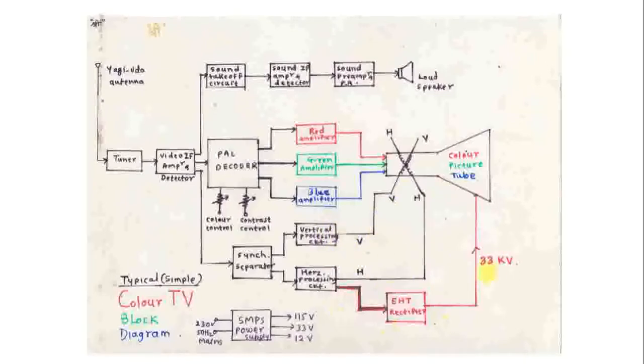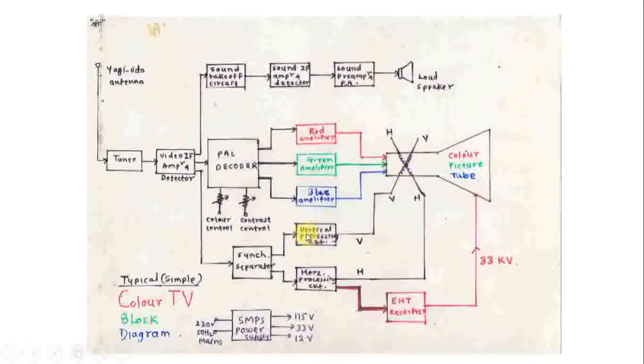The H oscillator voltage, 15625 Hz, given to the H coil, is responsible to move the beam from left to right, and the vertical oscillator output connected to the vertical coil is responsible to move the beam from top to bottom.